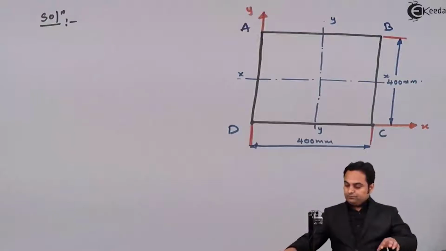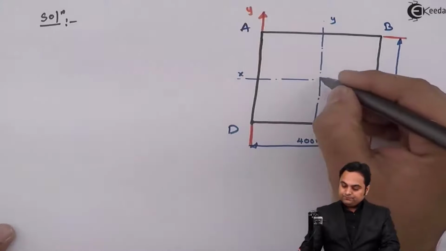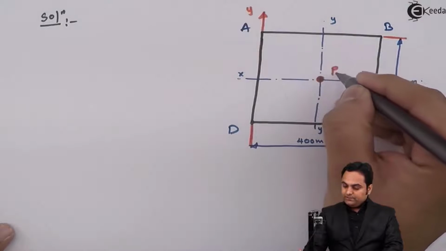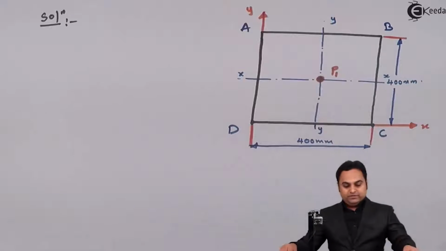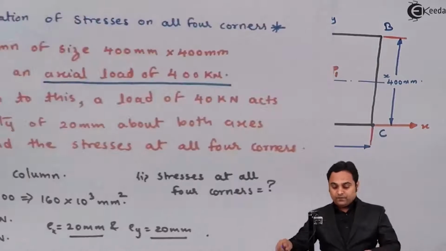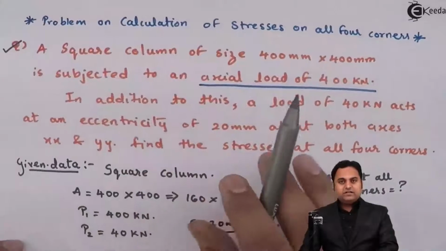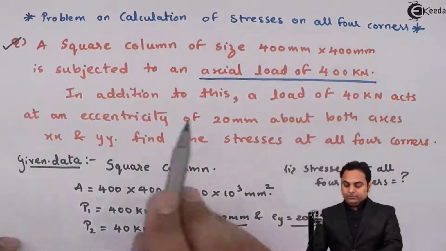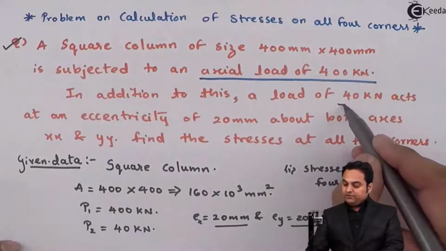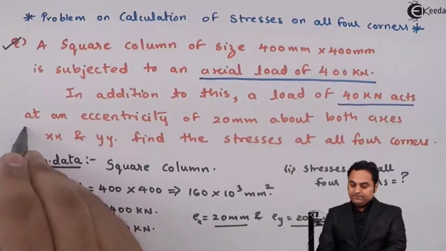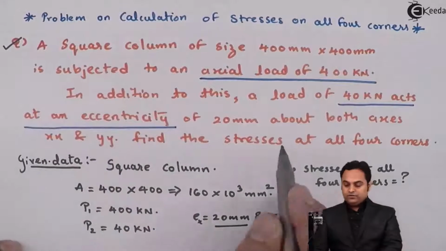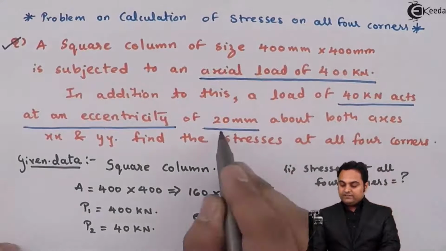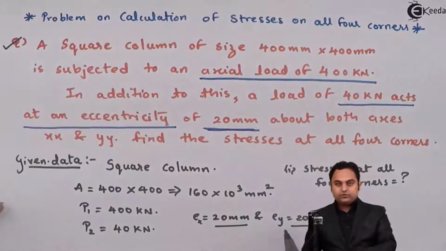It means on the axis we have P1, that is the axial load. Then it is given that in addition to this, that is in addition to 400 kilonewton, there is a load of 40 kilonewton acting at an eccentricity. So 40 kilonewton acts at an eccentricity of 20 mm about both the axes. So Ex and Ey is 20.